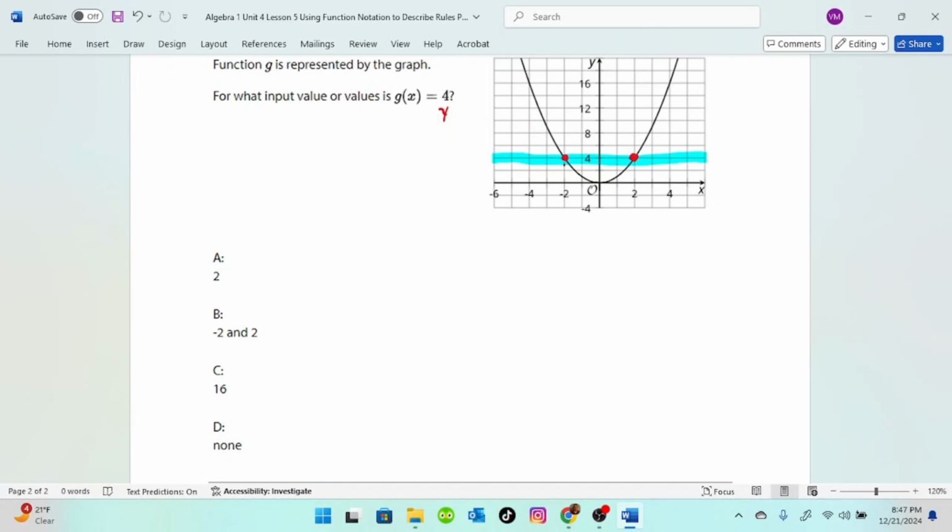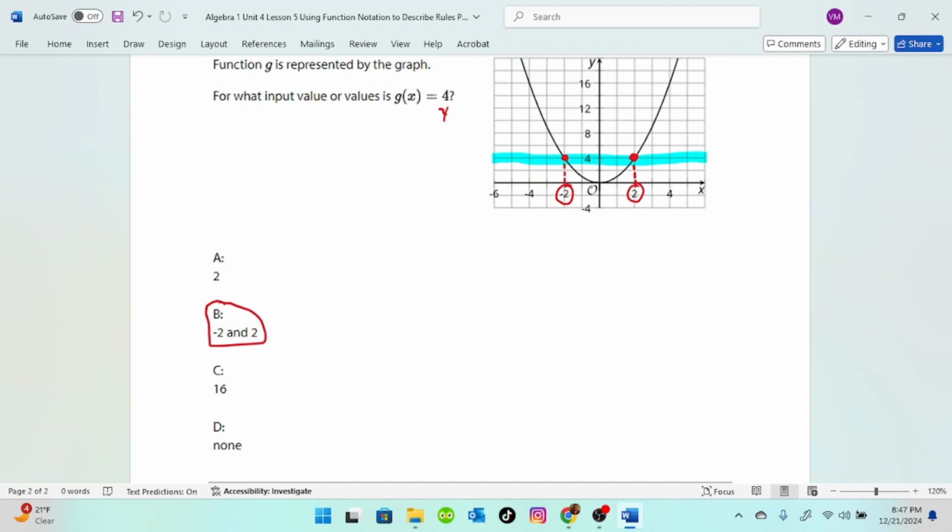Then you're going to look down and see what the x values are at those points. And you can see you have -2 and you have +2. So that means the correct answer is B.